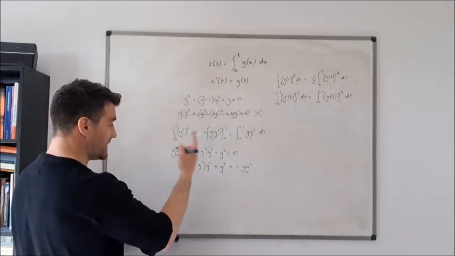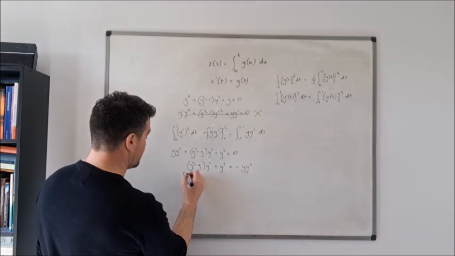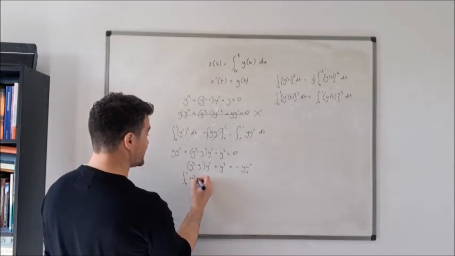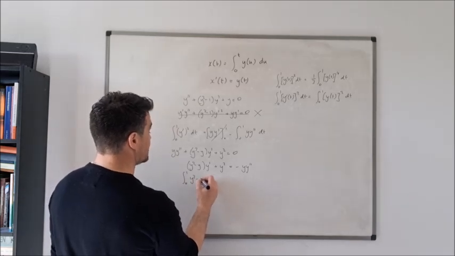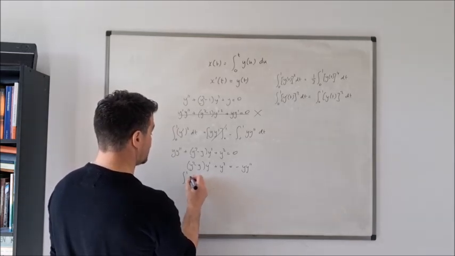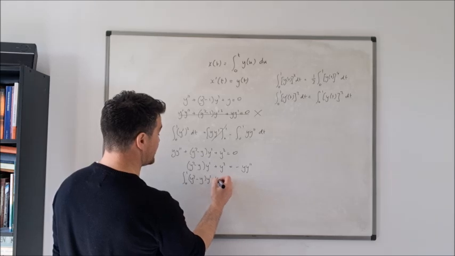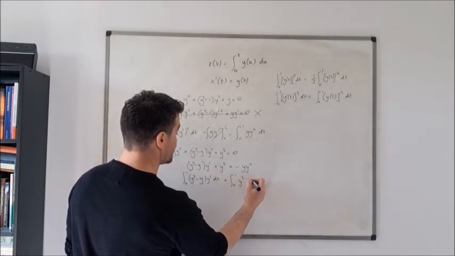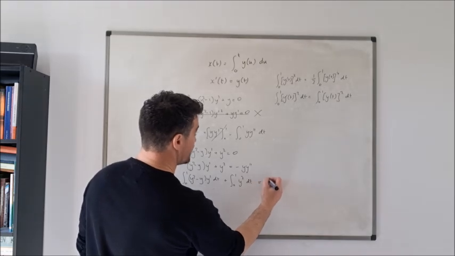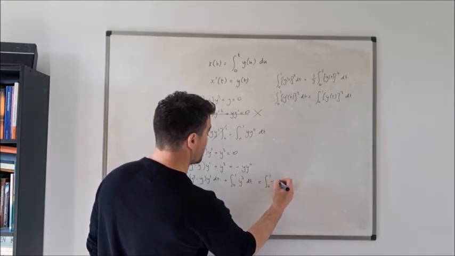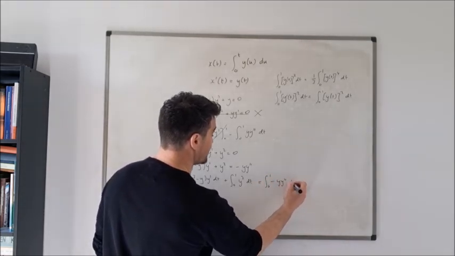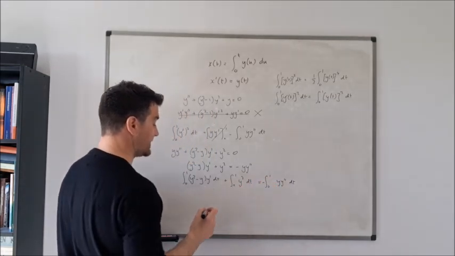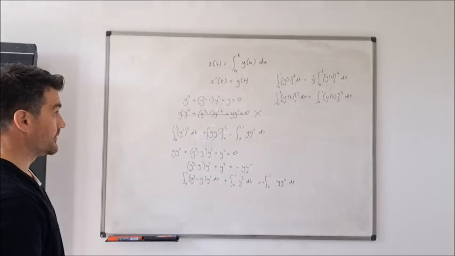And now if I integrate through between 0 and 1 with respect to t, remember we are integrating with respect to t, the integral of y cubed minus y times y prime dt plus the integral from 0 to 1 of y squared dt equals the integral from 0 to 1 of minus y times y prime dt. That minus sign can go on the outside here.